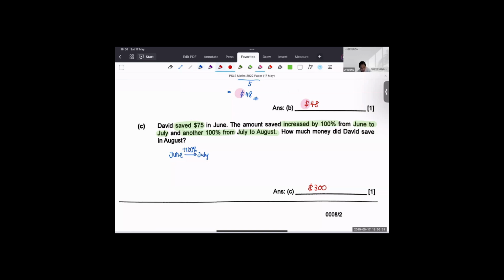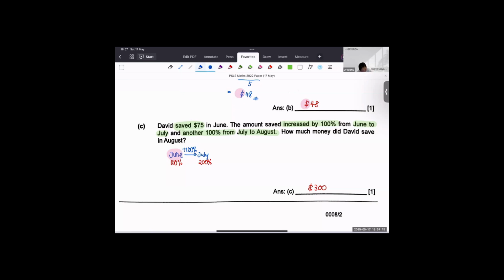So that means we always look at the earlier month. That means chronological order. I think I previously mentioned this also when I was talking about the 2024 paper. So the first month that comes first must always be 100%. The first day that comes first, or the week that comes first, is always the 100%, followed by the new percentage, which is plus 100%, which is 200%.